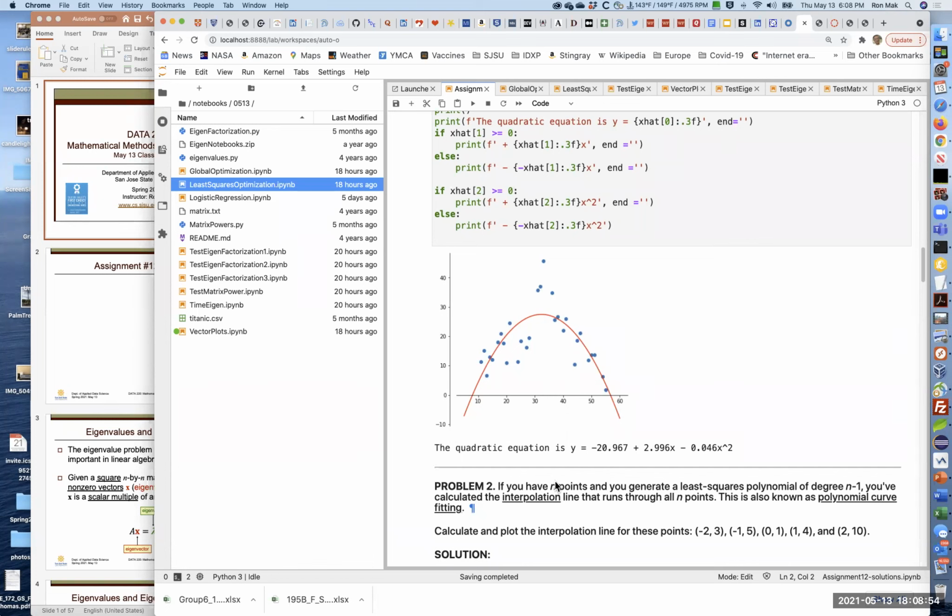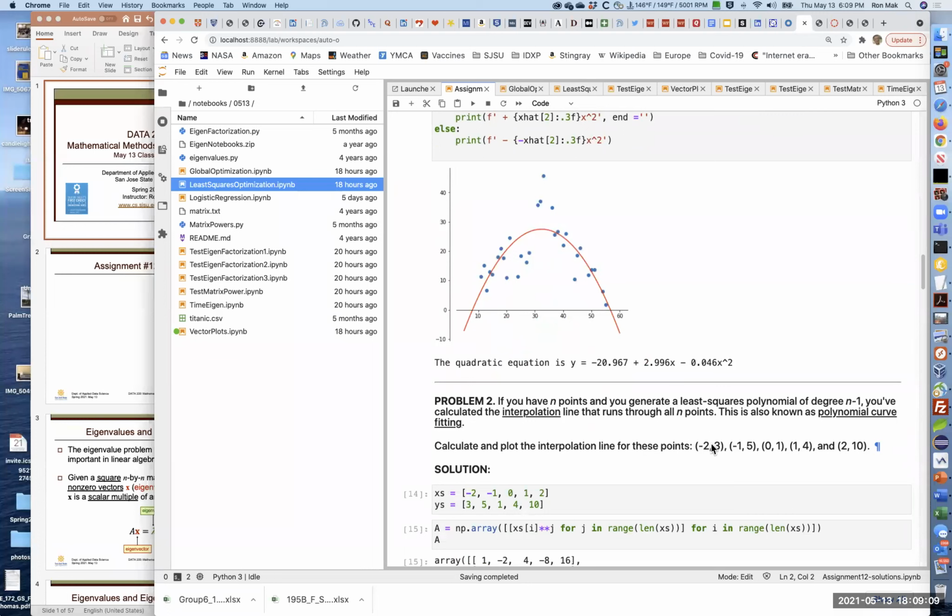An interpolation line goes through all the points, so it's going to wind and twist and curve or do whatever it takes to go through all the points. It's pretty exciting to see, I guess. Here I gave you 1, 2, 3, 4, 5 points. Therefore, you're going to generate a 4th degree regression polynomial.